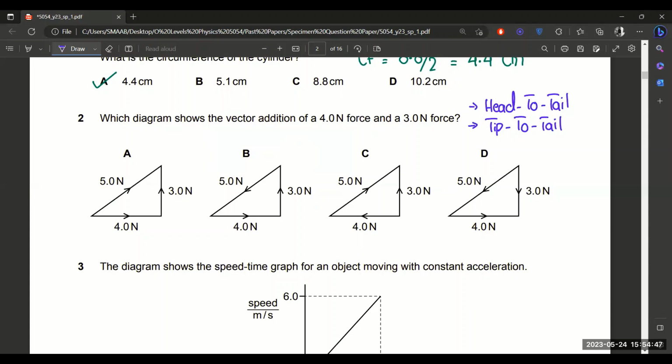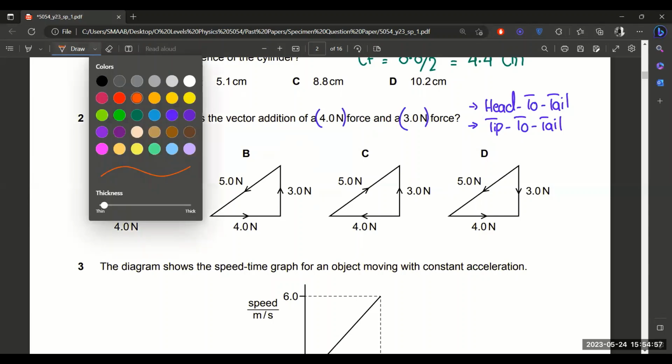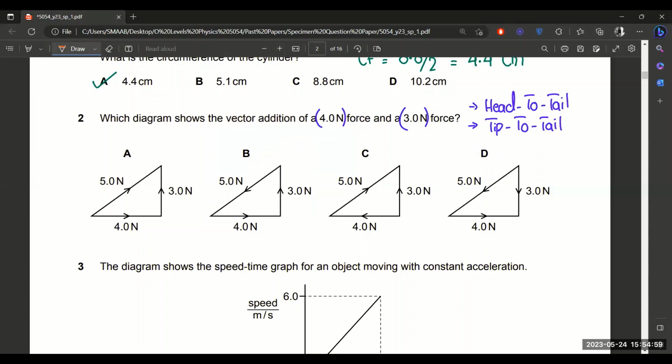So we need to solve using this concept of head to tail. We have two vectors, 4 Newton and 3 Newton, and now we need to check the head to tail rule in all these options.